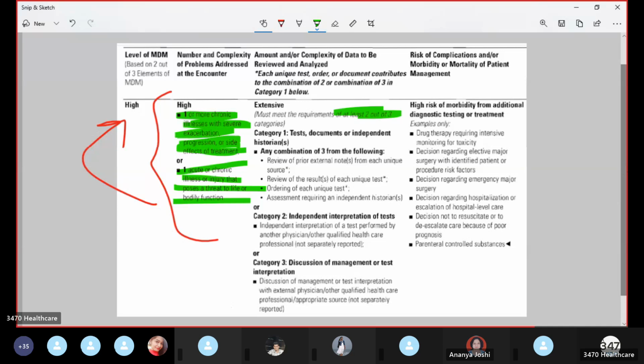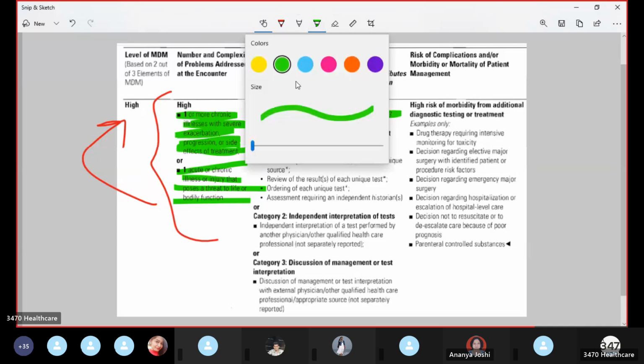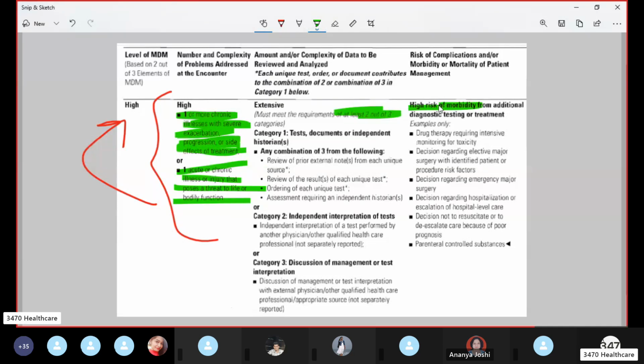Okay. Then high risk. High risk under drug therapy requiring intensive monitoring. So they are going to give one treatment to the patient by using a drug. They will administer the drug and monitor the patient for some hours.